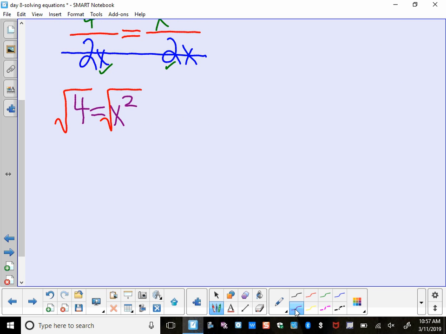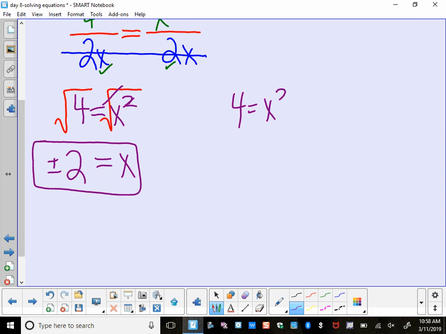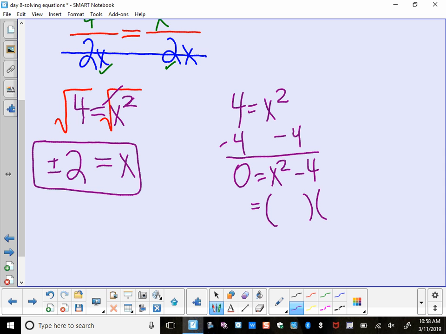So when I cancel out my square and my square root, I'm left with x equals, what kind of 2? I drew my radical, and therefore I need to draw what? Plus or minus, don't forget that. If you solve it like Jeffrey just said, 4 equals x squared, and you subtract 4, you have 0 is equal to x squared minus 4, which means this is factorable.